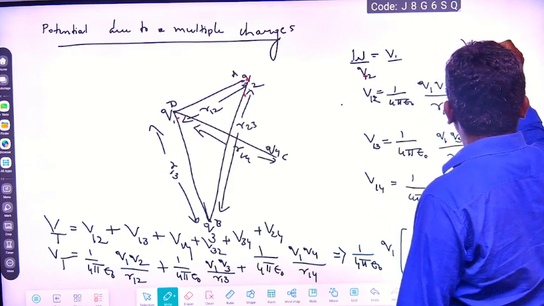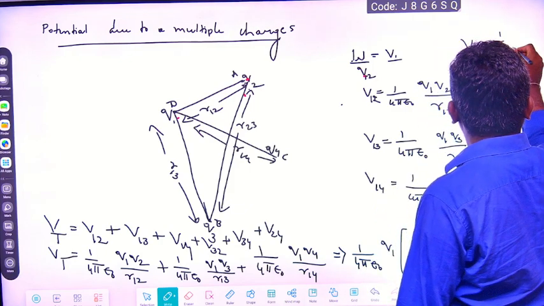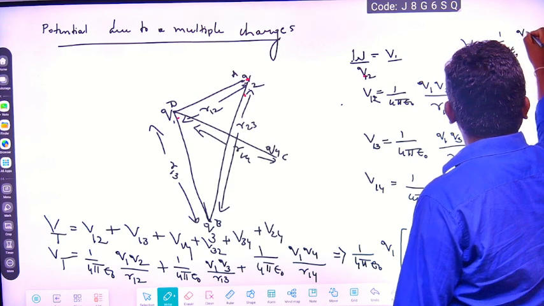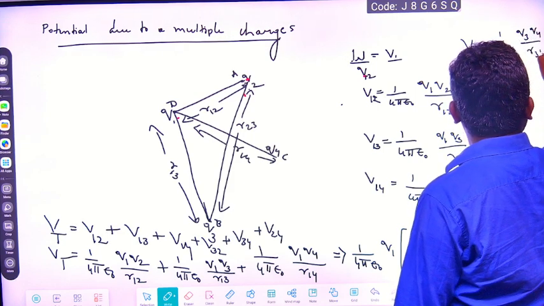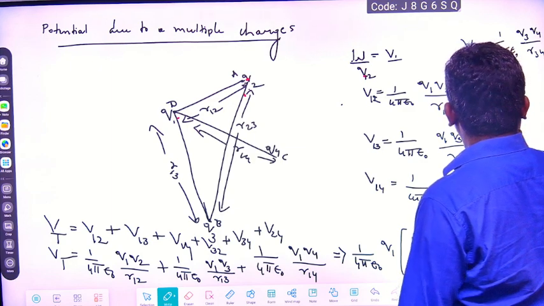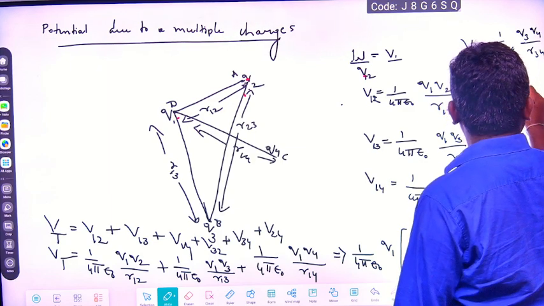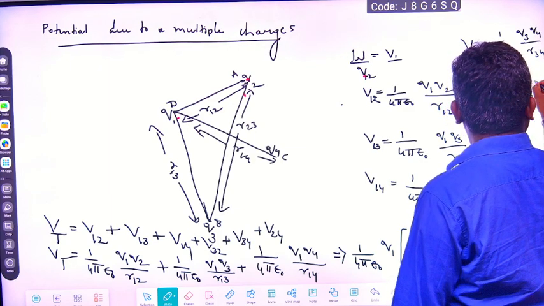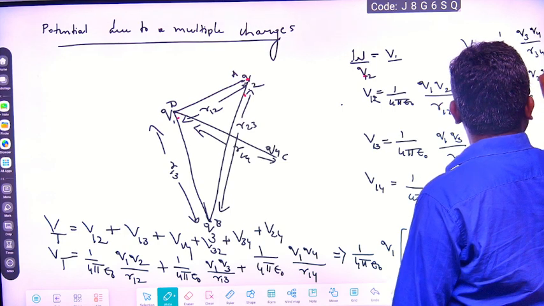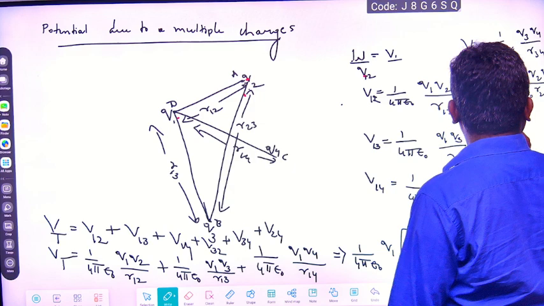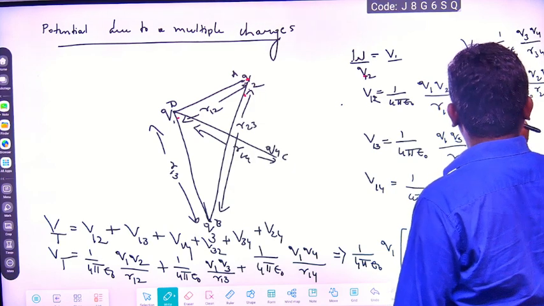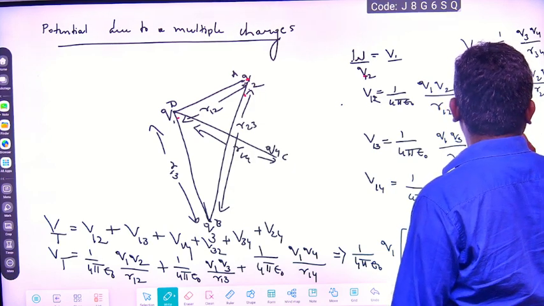V34, which is 1 by 4 pi epsilon naught Q3 Q4 by R34, then V23, which is 1 by 4 pi epsilon naught Q2 Q3 by R23, then 4 3 done.